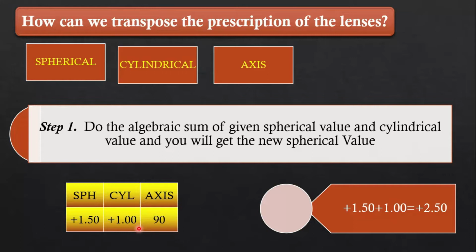So in this example we will add the algebraic numbers plus 1.50 and plus 1, and after adding these values we will get the sum as the new spherical, that would be plus 2.50 diopter sphere.